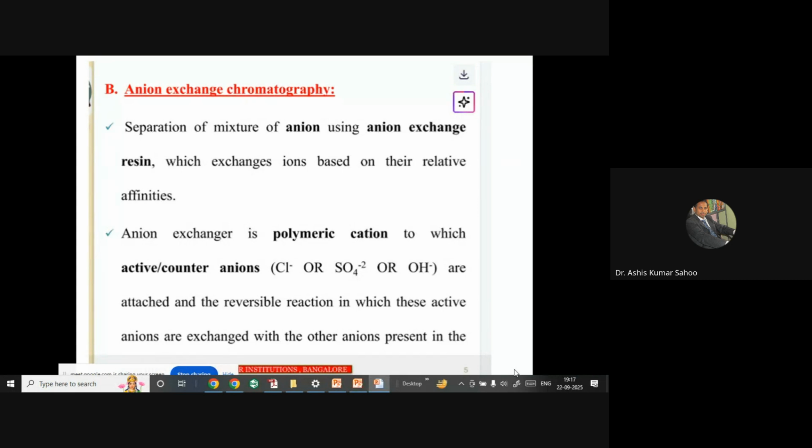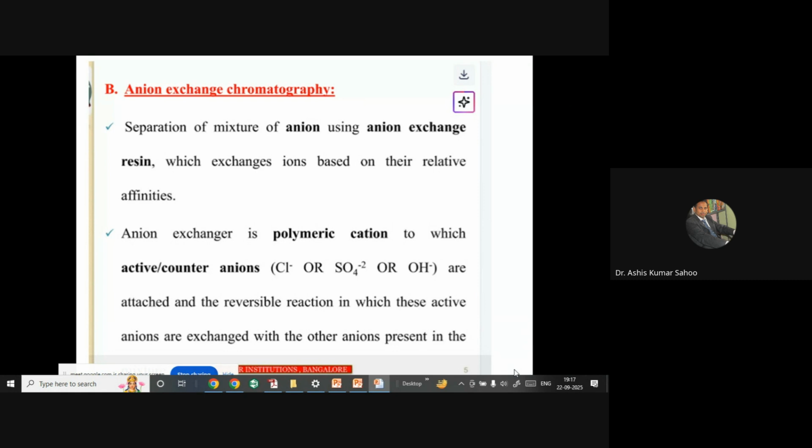Separation of a mixture of anions using an anion exchanger, which exchanges ions based on their relative affinity. An anion exchanger is a polymeric cation to which active counter anions are attached, in a reversible reaction in which these active anions are reacted with the other anions present in it.